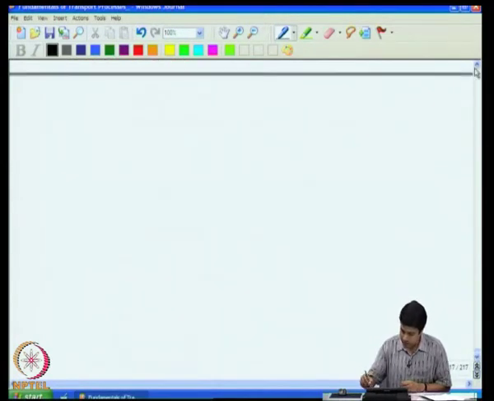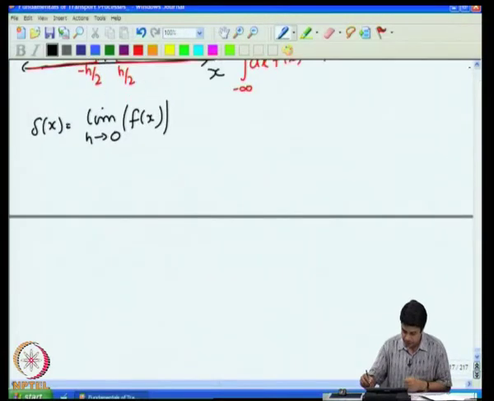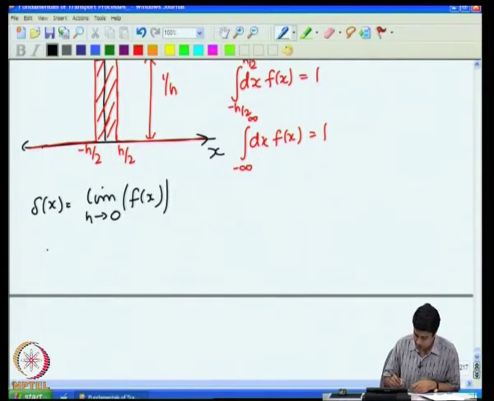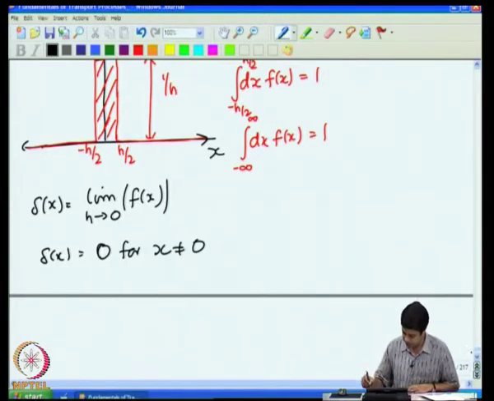What are the properties of the delta function? This automatically implies that delta of x is equal to 0 for x not equal to 0. The delta function has the property that whenever x is not equal to 0, the delta function is identically equal to 0. It is non-zero only at x equal to 0.